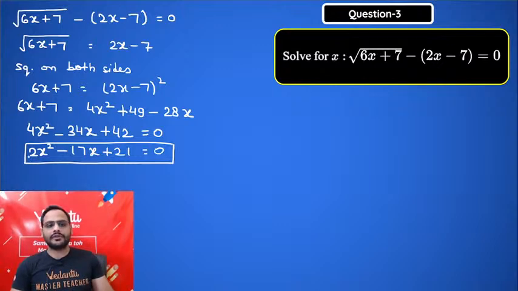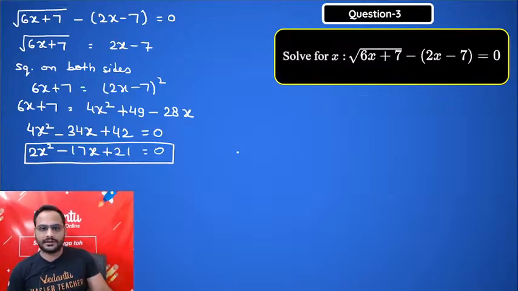So now we need two numbers such that their multiplication is 42 and their addition is minus 17. So देखो, either it will be 6 7s are 42, or 14 3s are 42. So 14 and 3 will be your correct splitting.